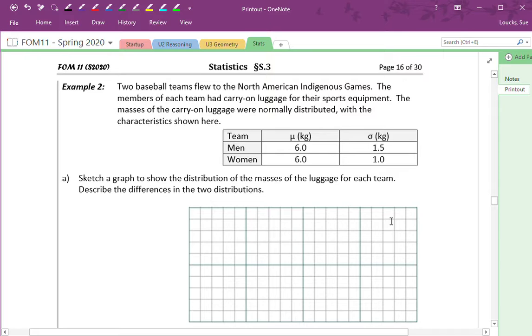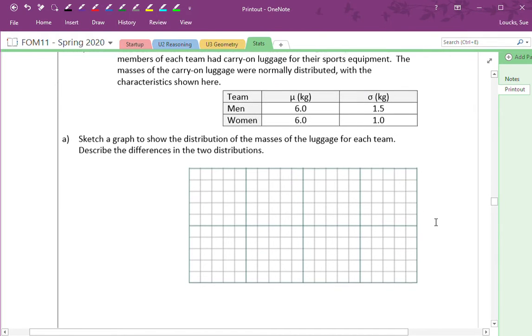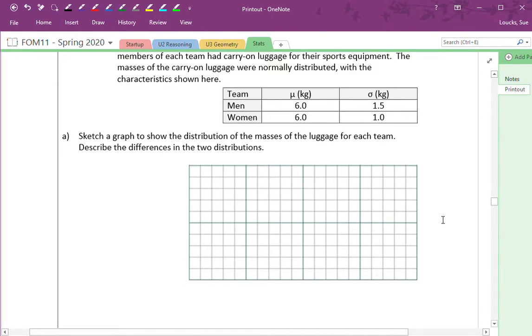Sketch a graph to show the distribution of the masses of the luggage for each team. Describe the differences in them. All right, so I did some numbers. The mean is 6, and I made the graph so it would fit because I'm not trying to trick you up on the graphing of anything. So the mean is 6 for both, so that's going to go right in the middle. So this is going to be 6. And then 2 ticks gives us 1 more kilogram.